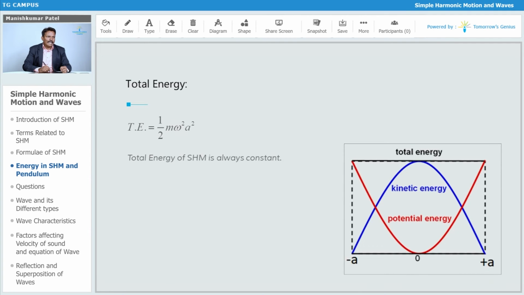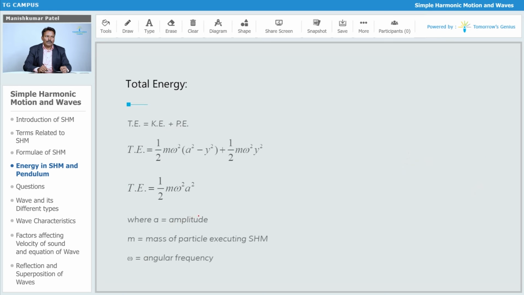So the total energy we have got is half m omega square a square. Let's say the total energy at the extreme position: it is potential plus kinetic.